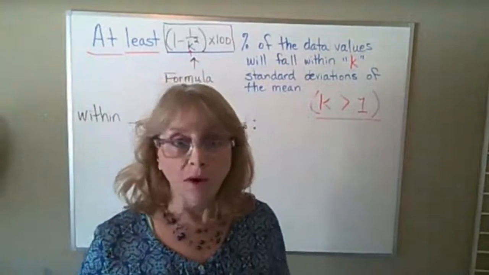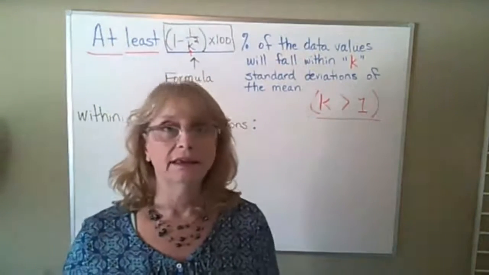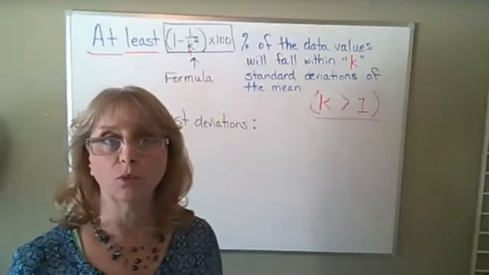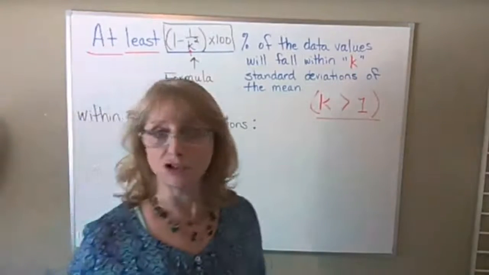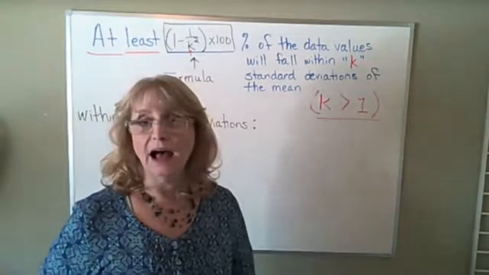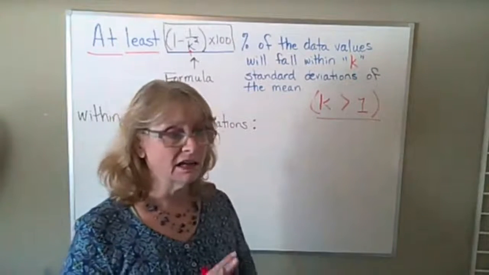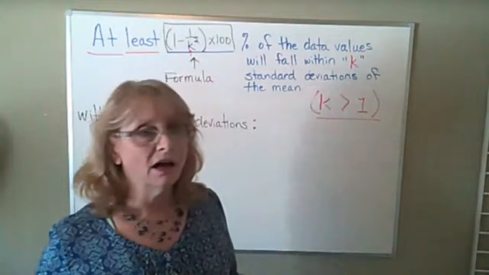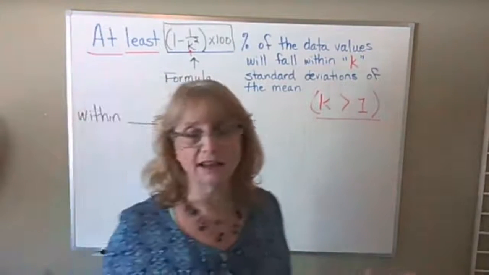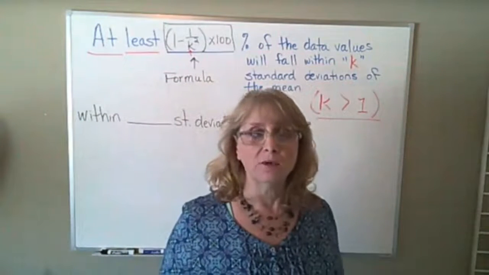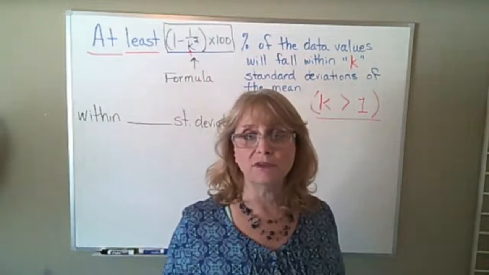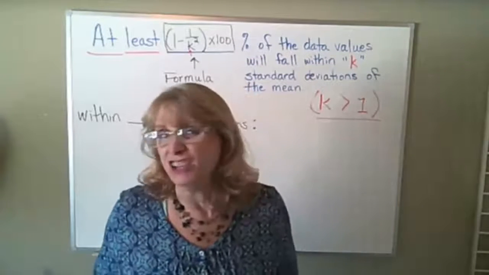It could be 1.1, it could be 1.2 and so forth, so it doesn't have to be a whole number. You really wouldn't get much bigger than 3, because even in irregularly shaped data, all the data is generally going to be within 3 standard deviations of the mean, unless they're very unusual.